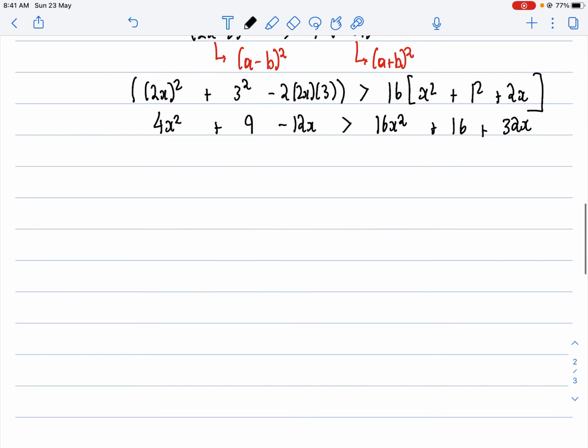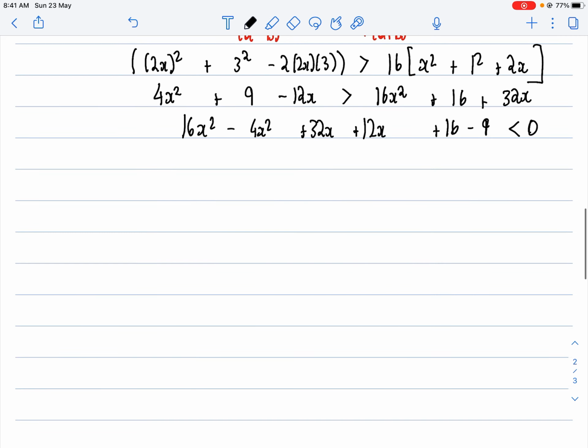So this can be written as 16x square minus 4x square plus 32x plus 12x plus 16 minus 9, which is less than 0. Basically this is 12x square plus 44x plus 7, which is less than 0.